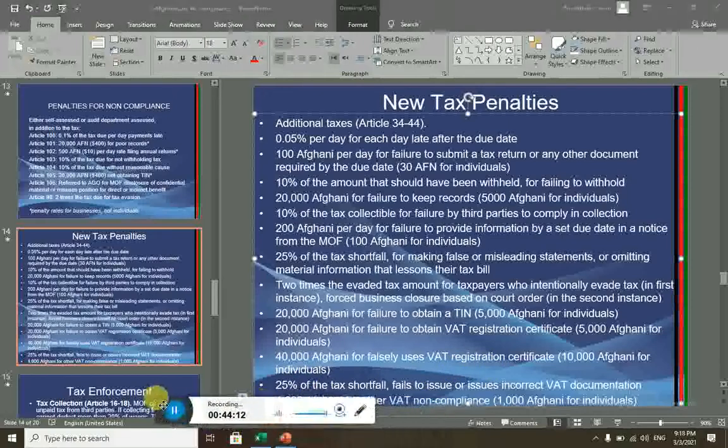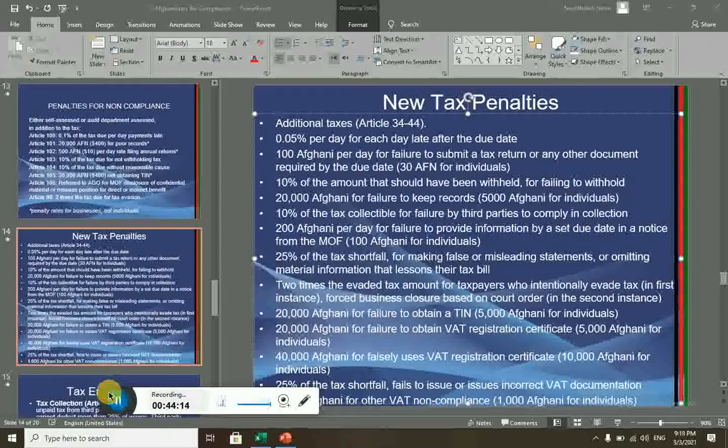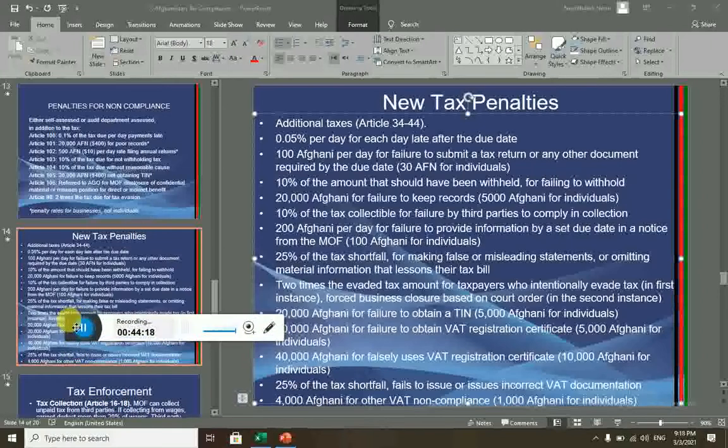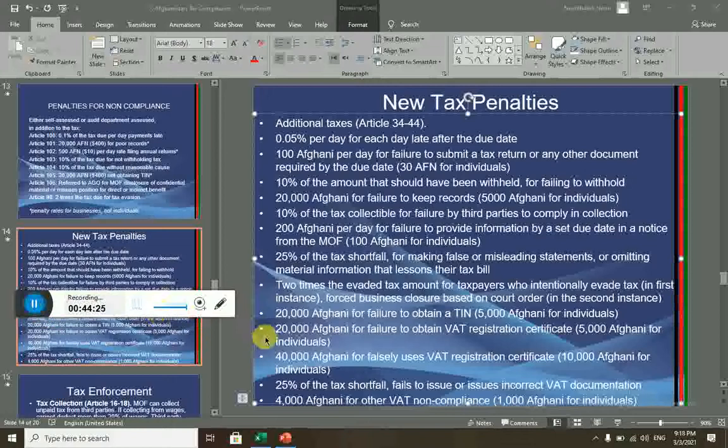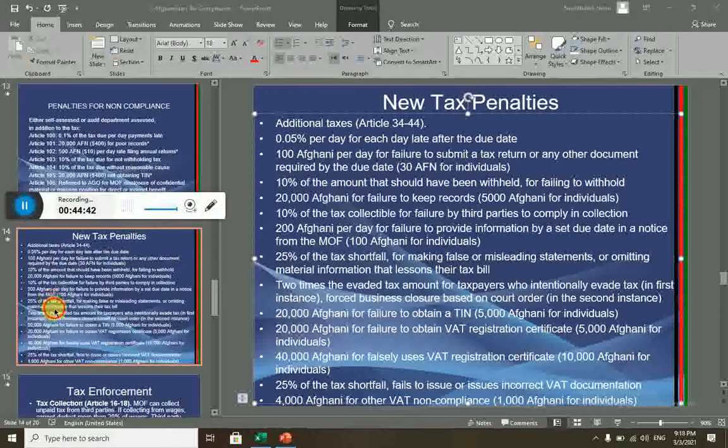And 25,000 of the shortfall for failure to issue VAT invoices, or incorrect VAT administration. That's also new. As I earlier mentioned, VAT is not fully applicable till now. So when it's applicable, these 3 different VAT related penalties will also apply. This is number 4, 40,000 Afghani for other VAT non-compliance. So that's in the future. These 4 types of penalties will be applicable in the future.